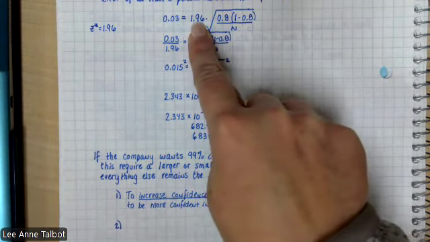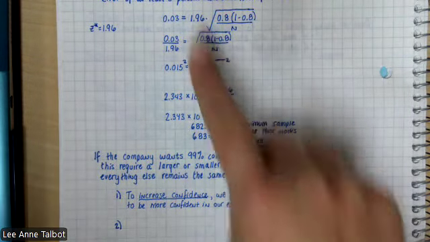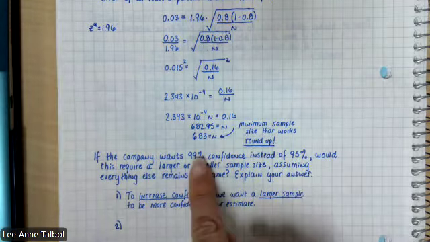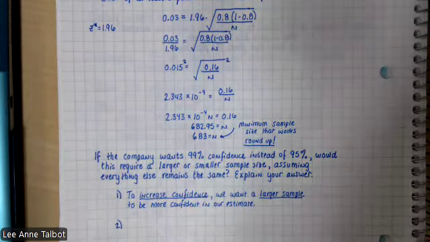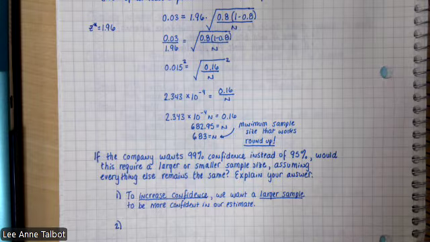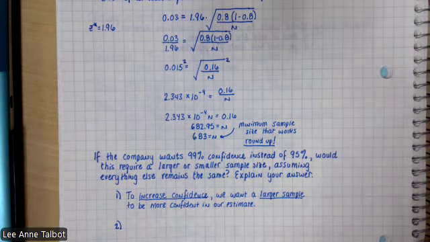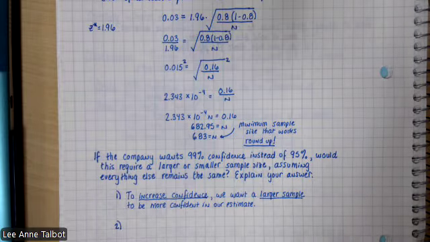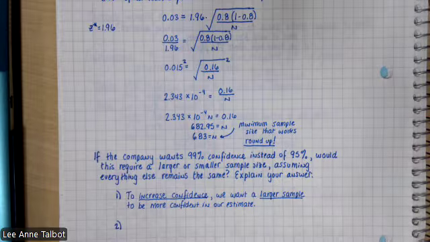What would happen to Z star if I went from 95 to 99? Look at the bottom two intervals on my poster. What would happen to my Z star, my number of jumps out, if I went from 95 to 99? It would get bigger, right? It would go from somewhere around 2 to somewhere around 3.